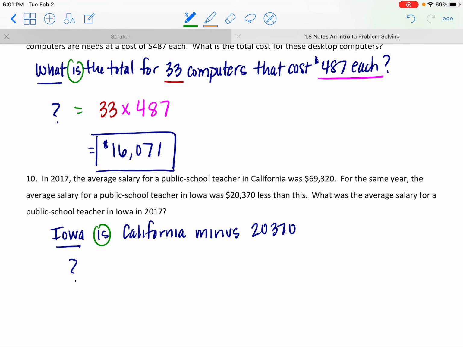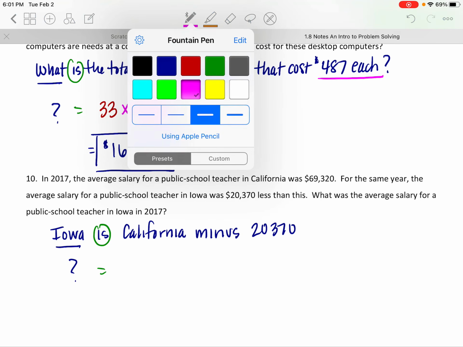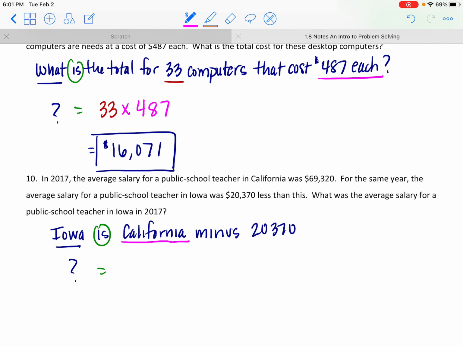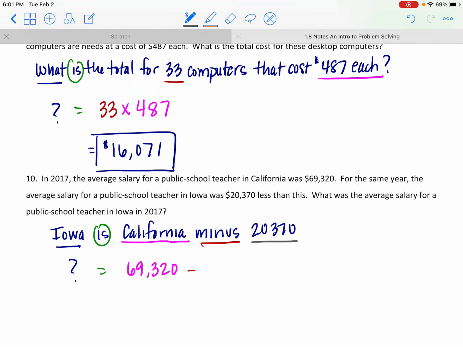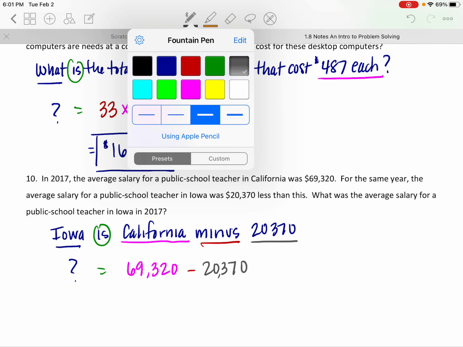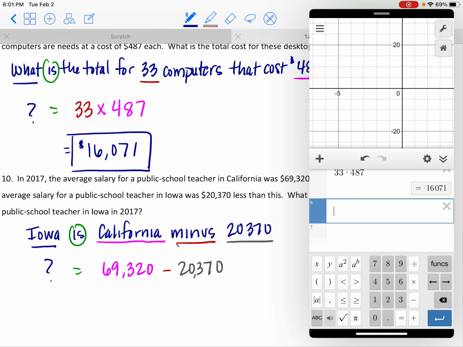Iowa is California, which was 69,320, and then minus 20,370. Okay, so all we gotta do is subtract to figure out our difference here.